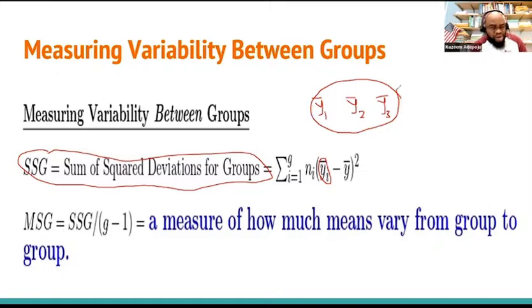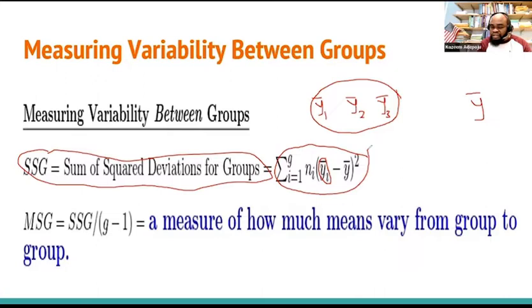The only way to know is to use the overall sample mean, which is when I pool all the data together and find the mean. I'm going to subtract the overall sample mean from each of these group means, and square that. Then I multiply each by the number of participants in each group. That is the meaning of this formula. That's what we call the sum of squared deviations for group, denoted by SSG. Take a look at that.